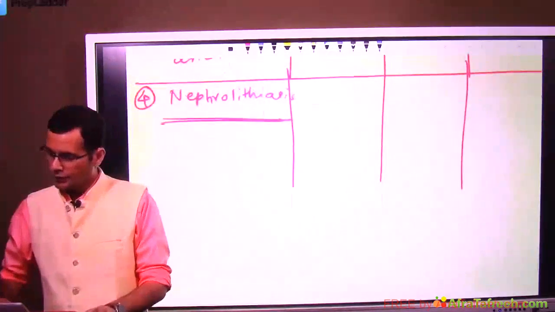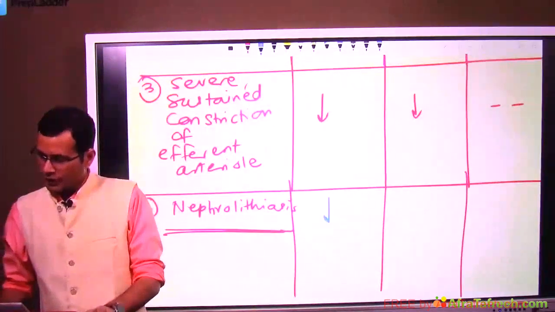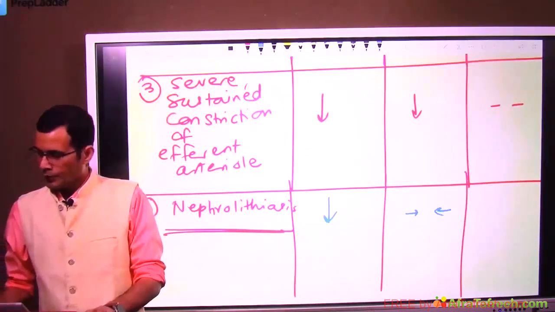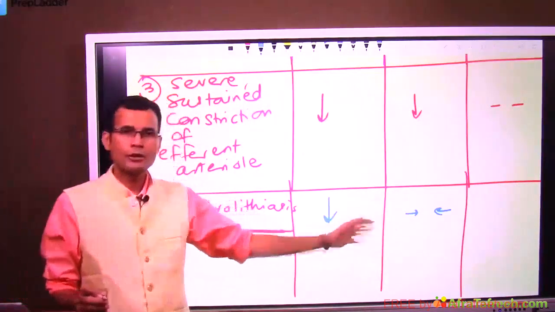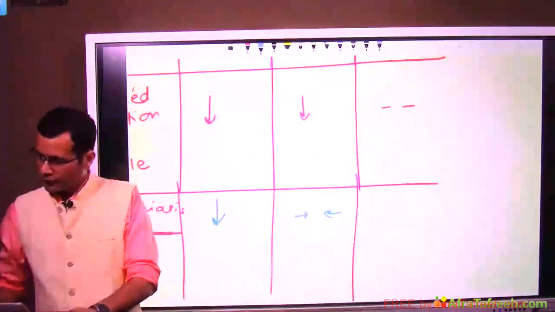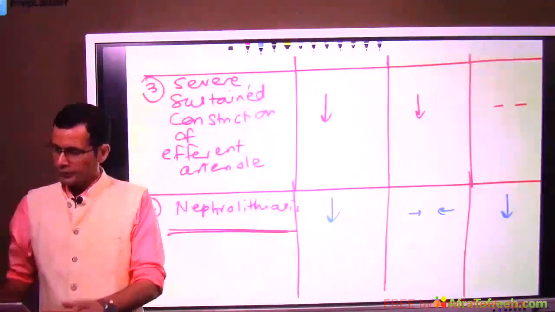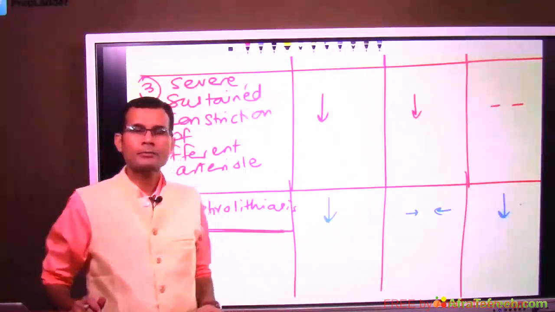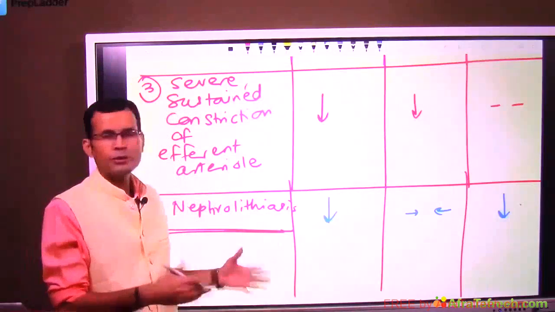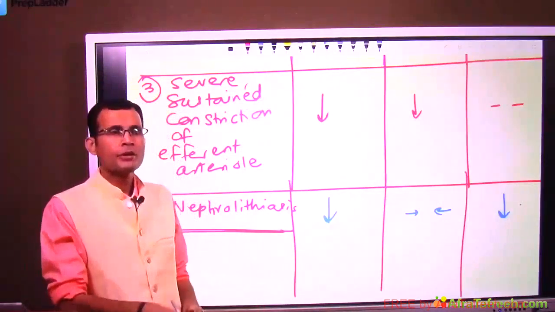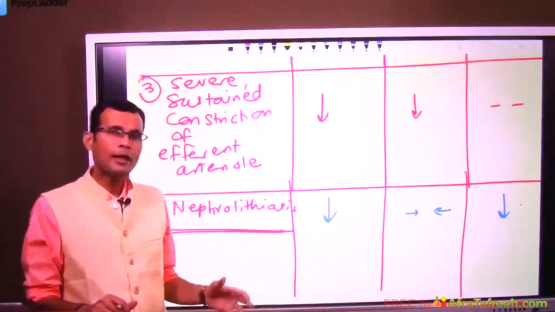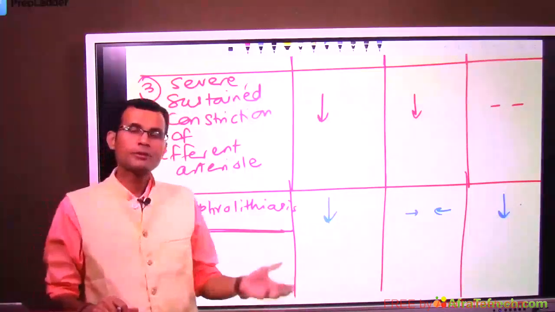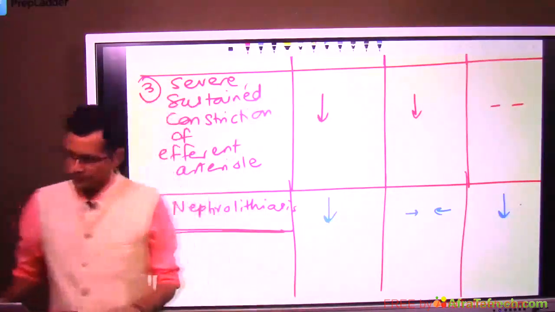Let's just write down here. Nephrolithiasis: GFR decreases, renal blood flow and plasma flow more or less the same, so filtration fraction decreases. These are some of the important factors. They can give you a case study or some problem and ask you to calculate what will happen in this particular case.